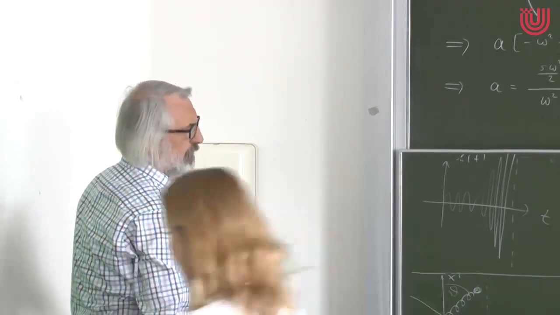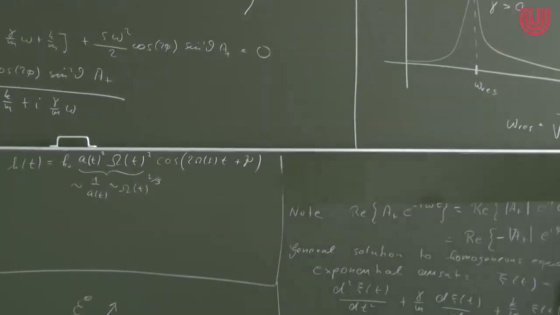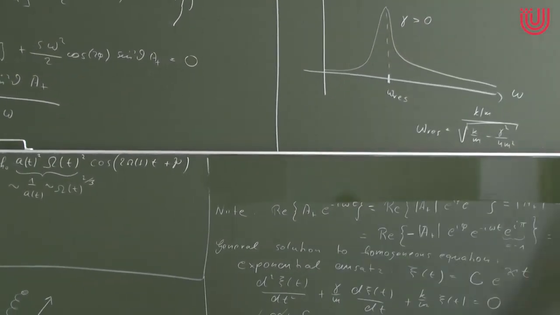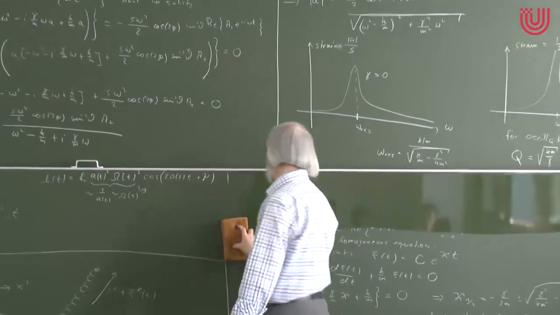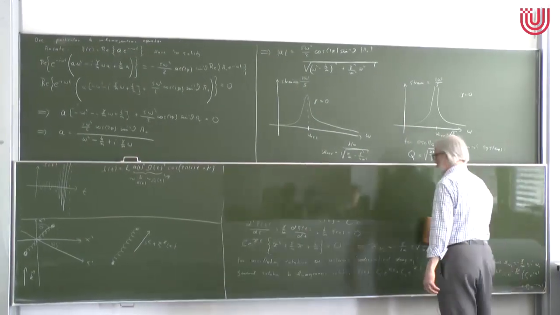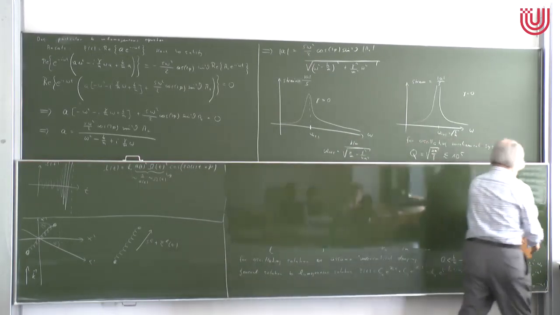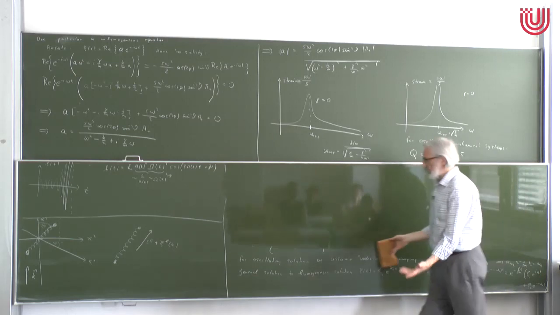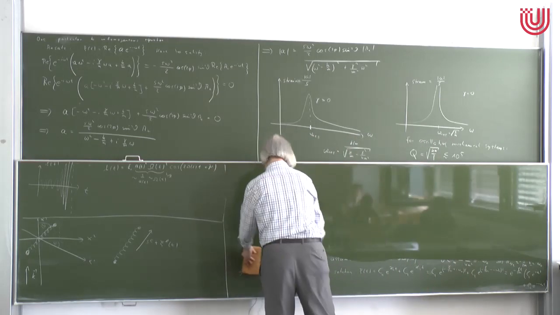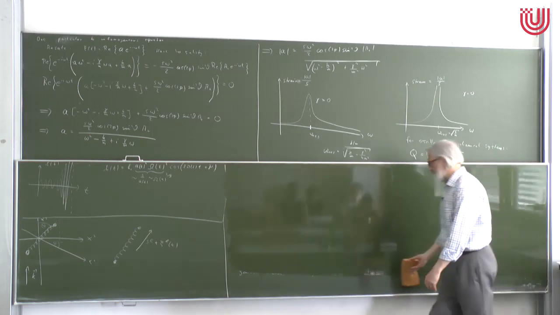So maybe I should leave the picture. So this is a one-dimensional system. I've chosen this because the calculation is simple and we can read off some of the basic features quite easily. But what one really uses is a three-dimensional body, an elastic solid.